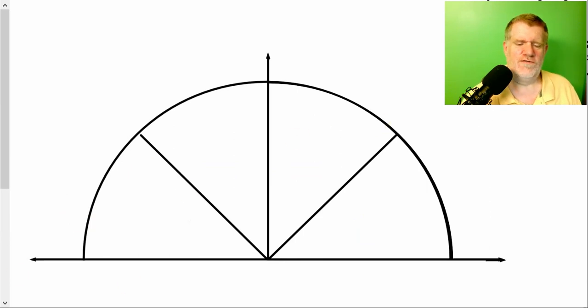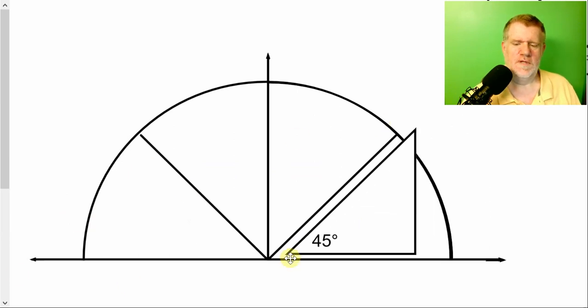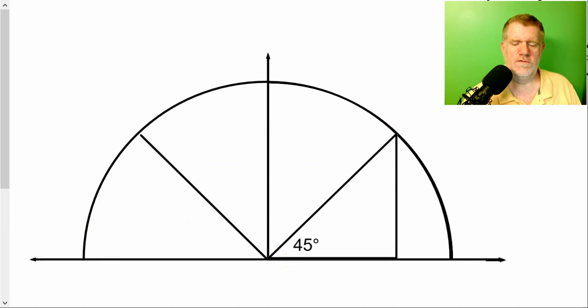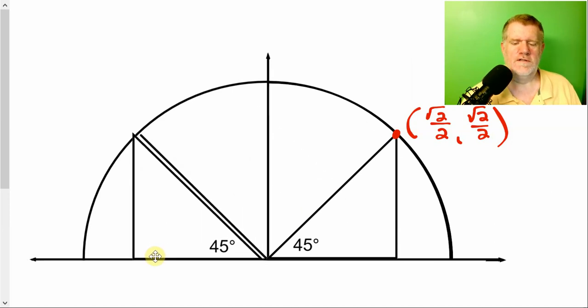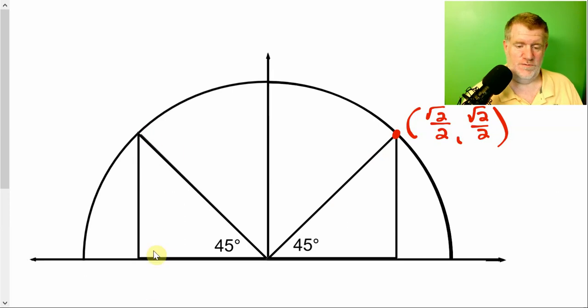Here's the 45, 45, 90 triangle. Okay, again, we know that this is square root of 2 over 2, square root of 2 over 2. So if I rotate that, reflect it around the y-axis, I have a point over here, which is exactly level with this point, which means I change one thing.